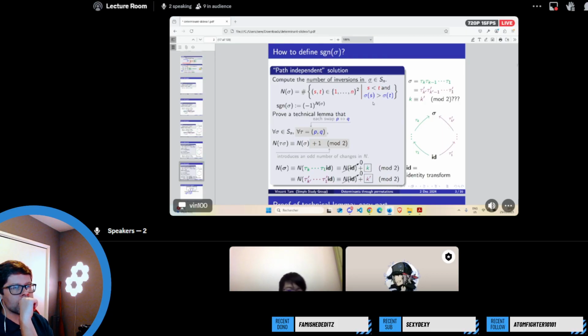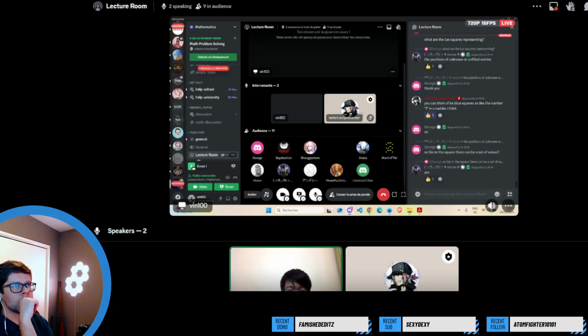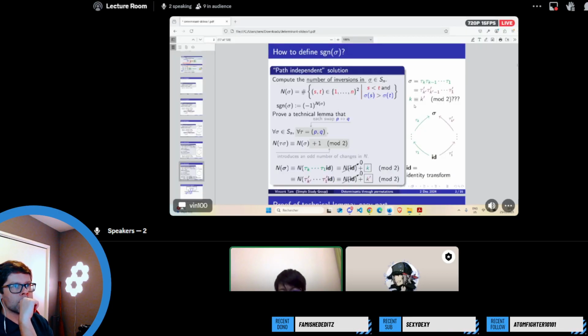So that's why we can be reassured that the parity of the number of swaps only depends on the permutation itself, but it doesn't depend on the swap pathway that you are choosing.